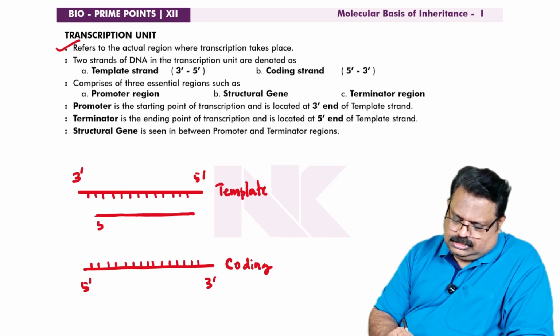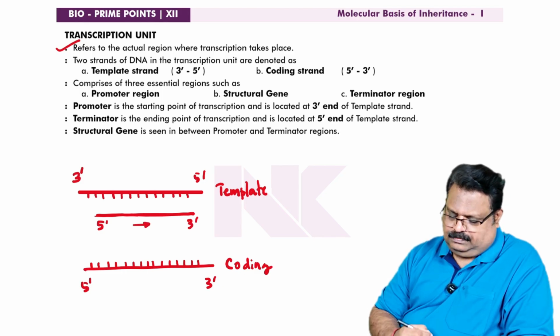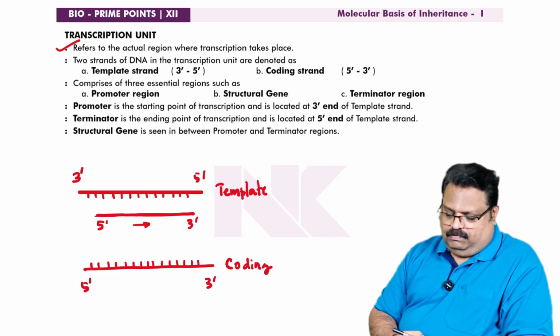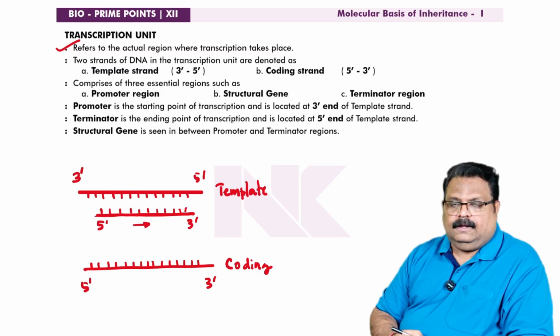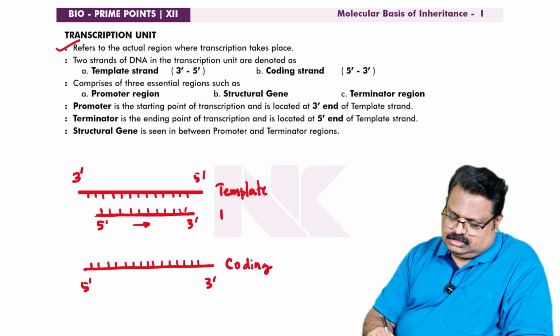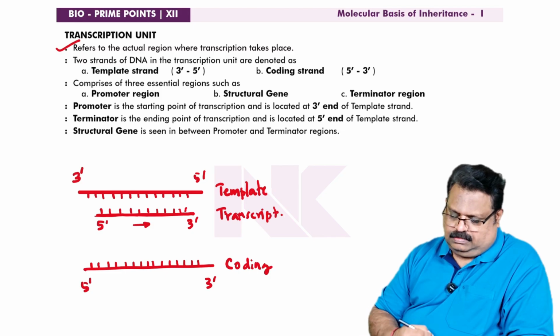The RNA synthesis takes place in the 5', 3' direction. The synthesis always takes place in the 5', 3' direction. The RNA that is produced is called a transcript. The product of transcription is called a transcript.